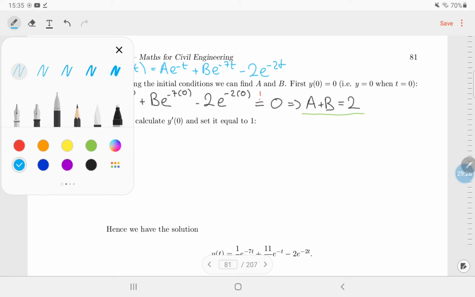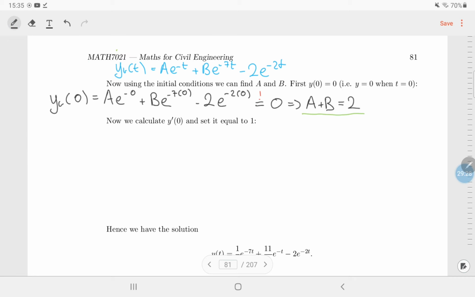So the derivative of the general solution: fix the a, the derivative of e to the minus t is minus 1 e to the minus t, plus fix the b times minus 7 e to the minus 7t, and then on the last one, fix the minus 2, then e to the minus 2t.